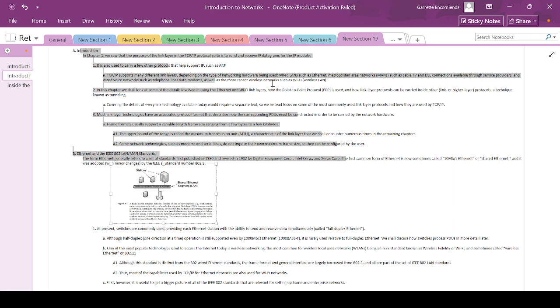As well as the more recent wireless networks such as Wi-Fi. Wi-Fi and Ethernet are the most common ones people see in use, and this is their first intuition when they hear this.